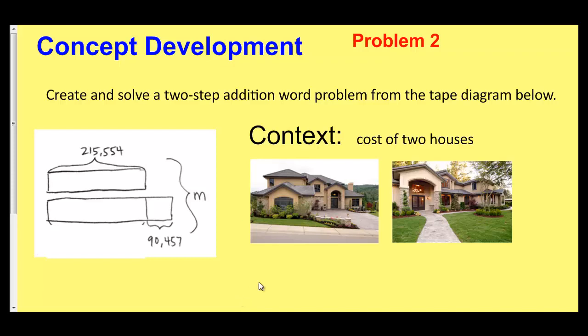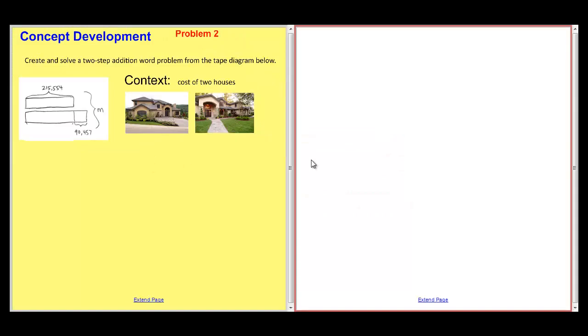Now, your problem should be asking for the value of M. So let me show you what M should equal. I can tell you that much, okay? I don't know what your problem is, but if I wanted to find the total of M, then I would have 215,554.